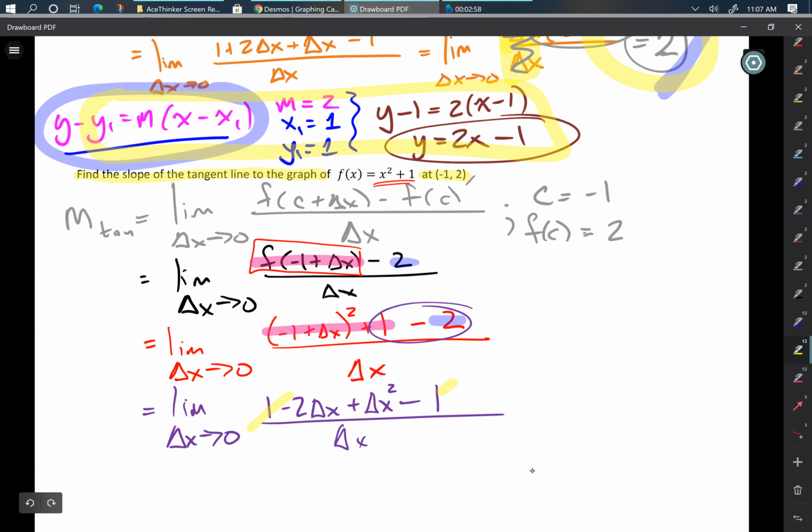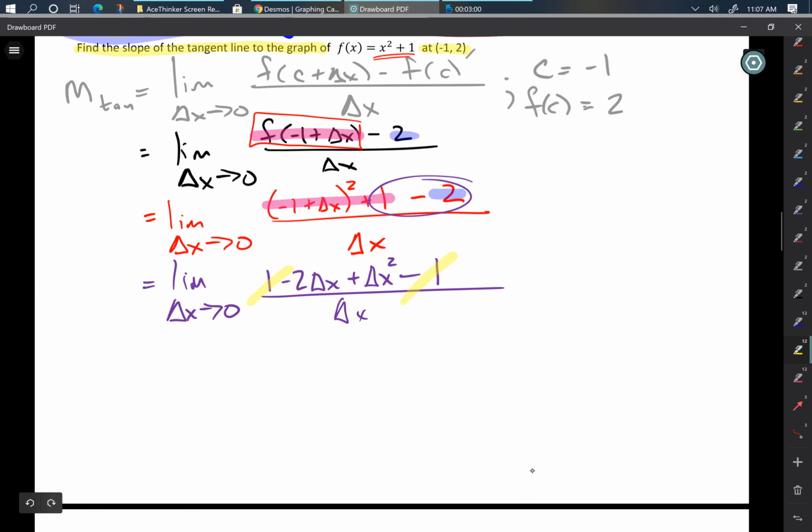Okay. What's going to happen there and there? Those are going to cancel, and I'm going to be left with the limit as delta x approaches 0 of delta x times -2 plus delta x divided by delta x.